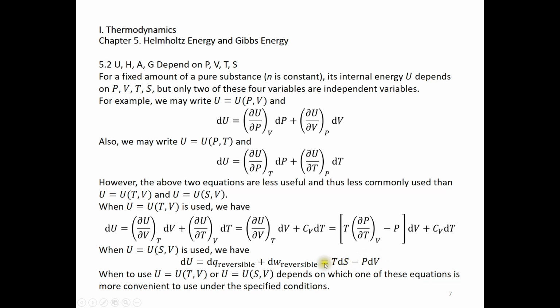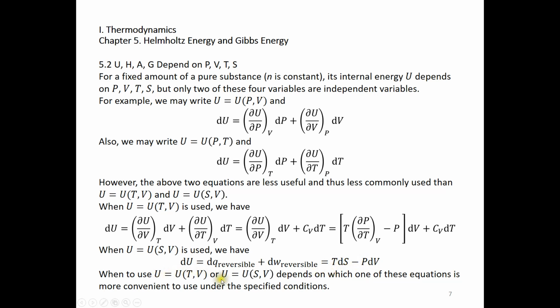Its dS is equal to dQ reversible over T. Therefore, dQ reversible is TdS. What about dW reversible? It's simply negative p external dV, and since it's reversible, p external can be replaced by p. So now dU is just TdS minus pdV. This is a really simple expression, and it contains P, V, T, and S.